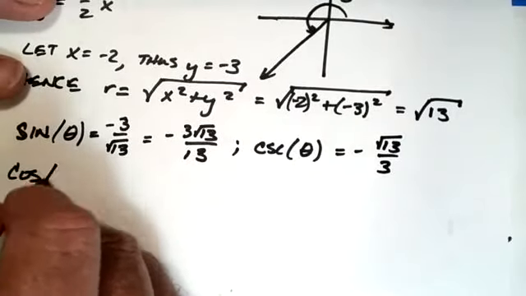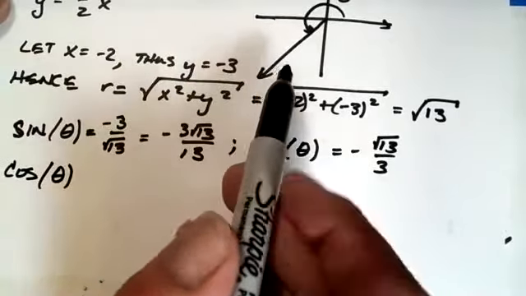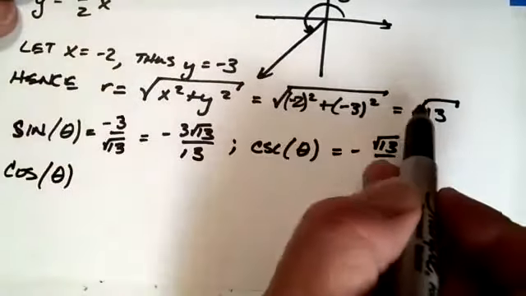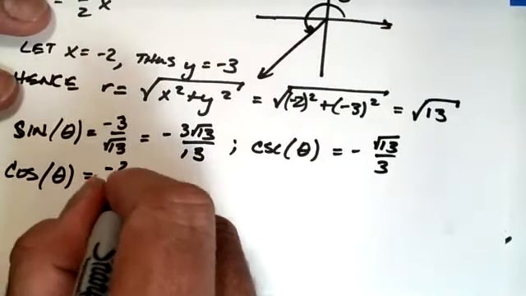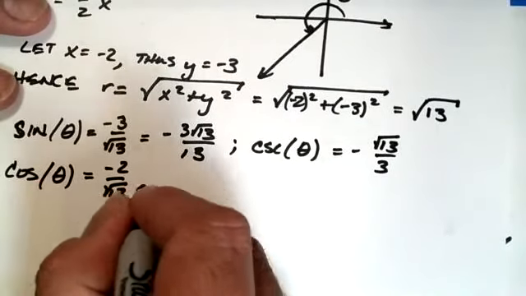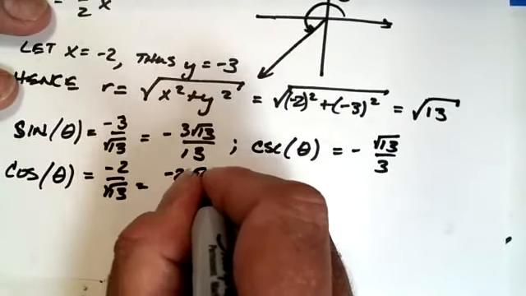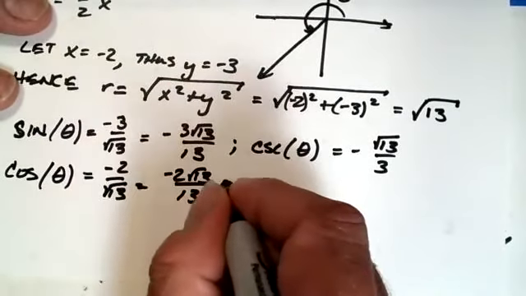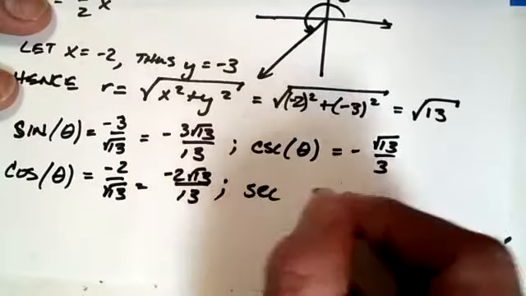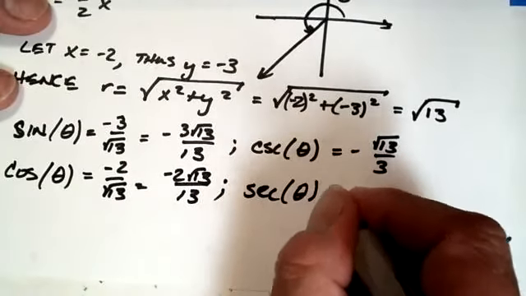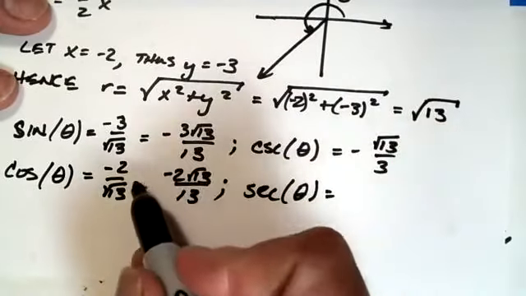Cosine is x over r. So this is negative 2 over square root of 13, which again, you'll rationalize, becomes negative 2 root 13 over 13. Secant is the reciprocal of this.